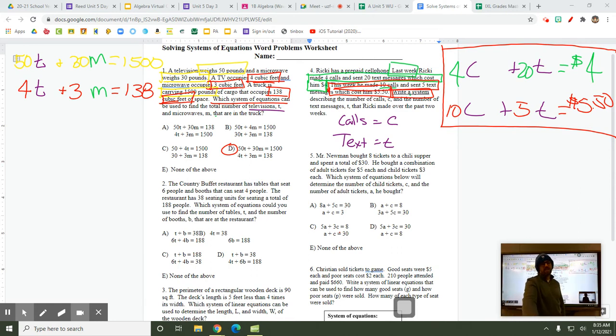Now, I know that doesn't apply to nowadays because, well, I got the unlimited plan. I just send them and call whoever, whenever. Yeah, I do too, but some people don't. So this is a method to figure these things out, to determine when you're budgeting or things of that nature with your bills, okay?